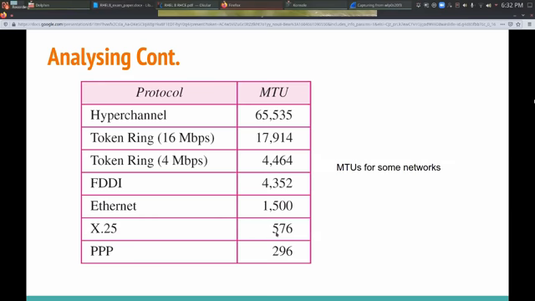X.25 supports 576. PPP, point-to-point protocol channels, when you create point-to-point tunnels, support 296 bytes. These are the different MTUs supported by different types of network implementations.